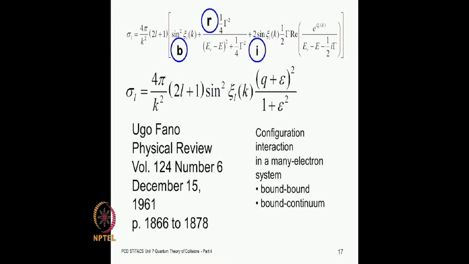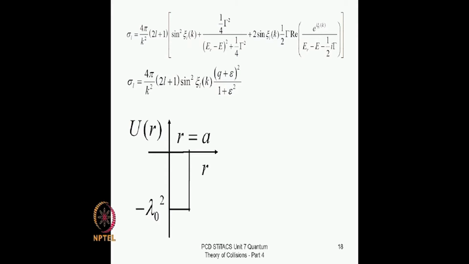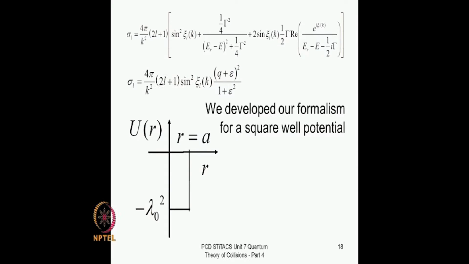It's a classic paper. So we analyze this in terms of the square well potential, right? The expressions we got were in terms of the scattering by a square well. That was our prototype of a potential.